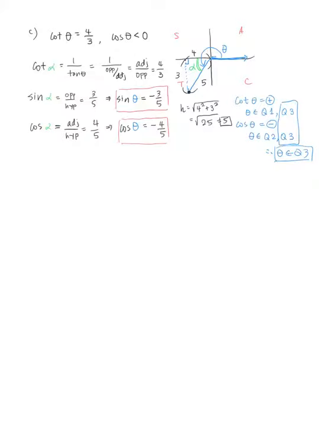The tangent of theta is sine over cosine, so we're going to have 3/4. I don't know why I wrote the positive there, but all right. And then let's go with the cotangent, which is 1 over tangent, so that's positive 4/3.